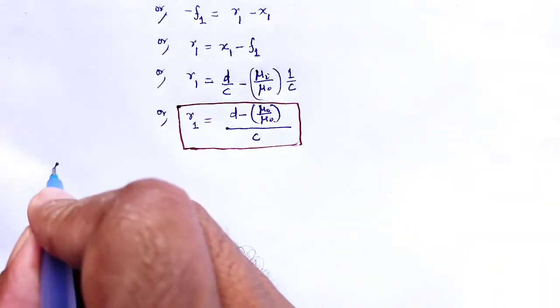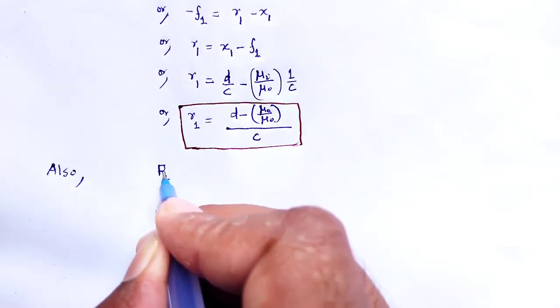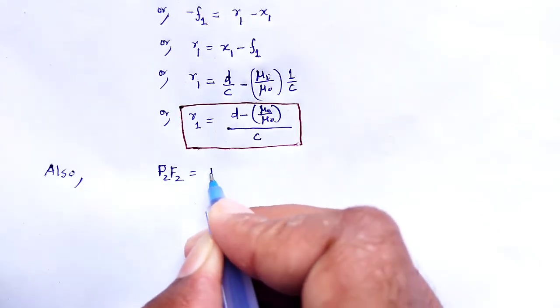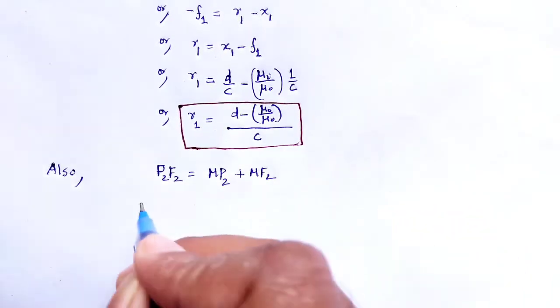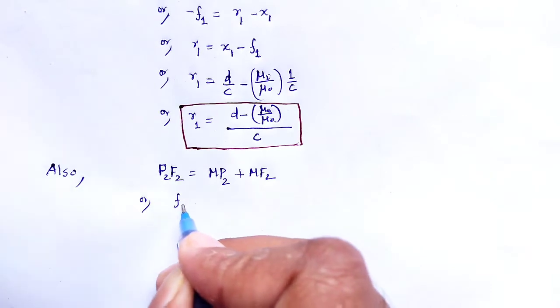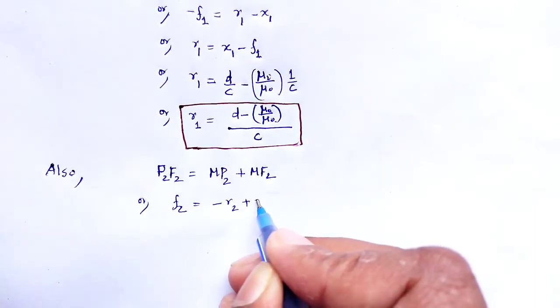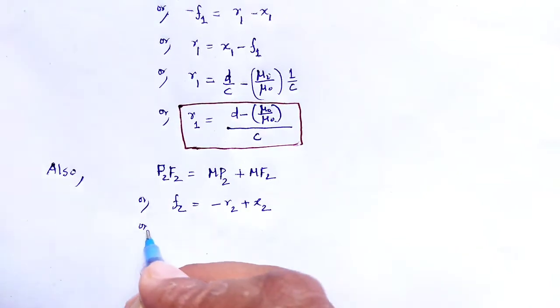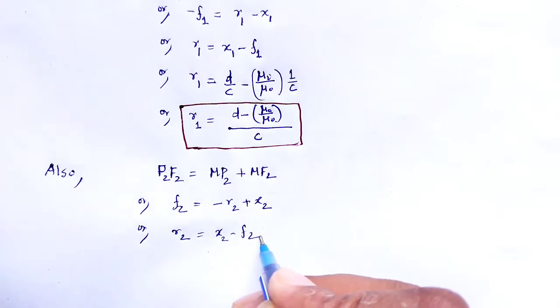Also, P2F2 is equal to MP2 plus MF2, that is F2 is equal to minus R2 plus X2 using the sign convention. Next, R2 is equal to X2 minus F2.